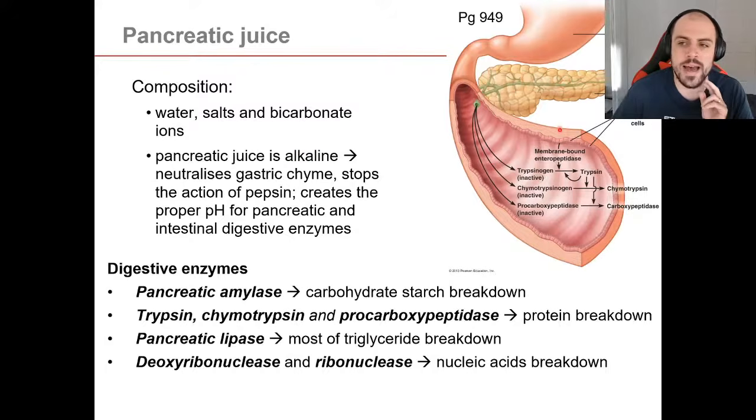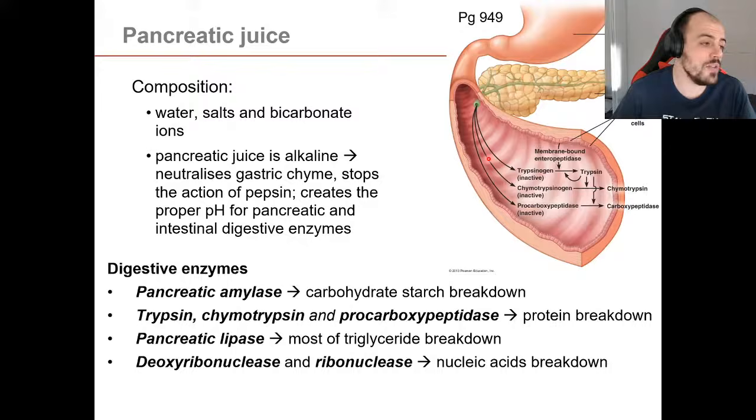And this is where our pancreas and the bile from our gallbladder and our liver come into play. So with the pancreatic juices specifically, we can see the pancreas here and this pancreatic duct connecting to our duodenum. It's neutralizing that stomach acid because we don't want it to burn through our duodenum and damage this tissue.